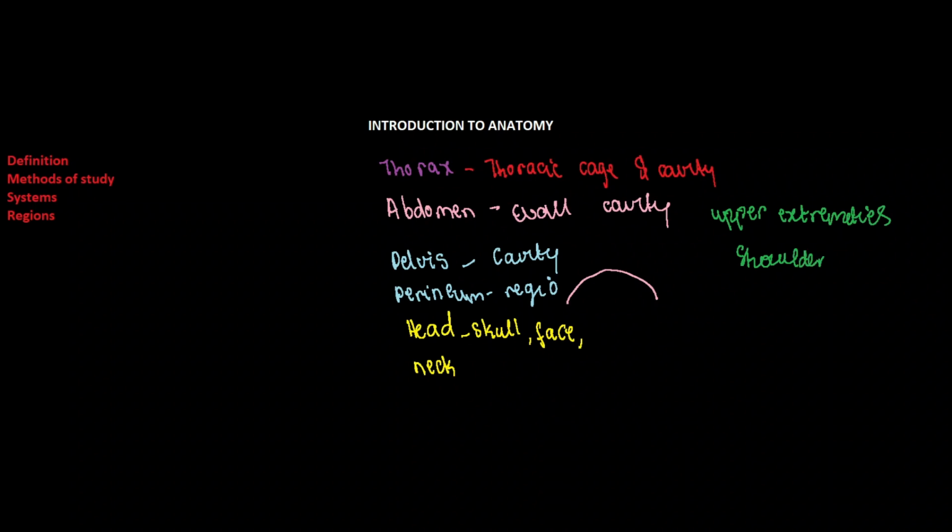The upper extremity is made of the shoulder, the arm, the forearm, and the hands, and so on. And then we have lastly the lower extremity, which is also known as the lower limb. Here we have the legs, the toes, and all of those other structures.